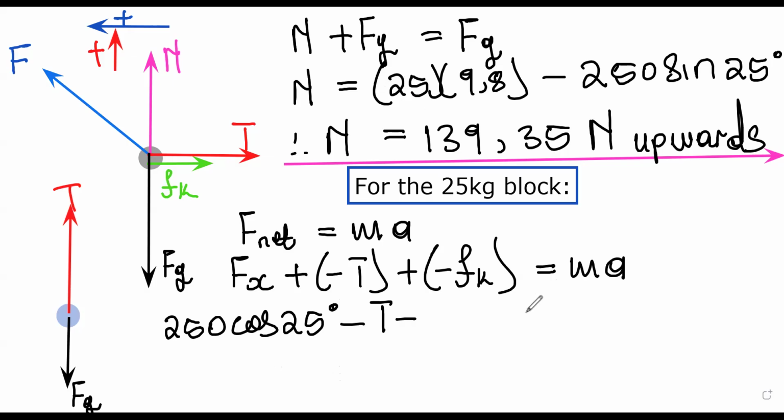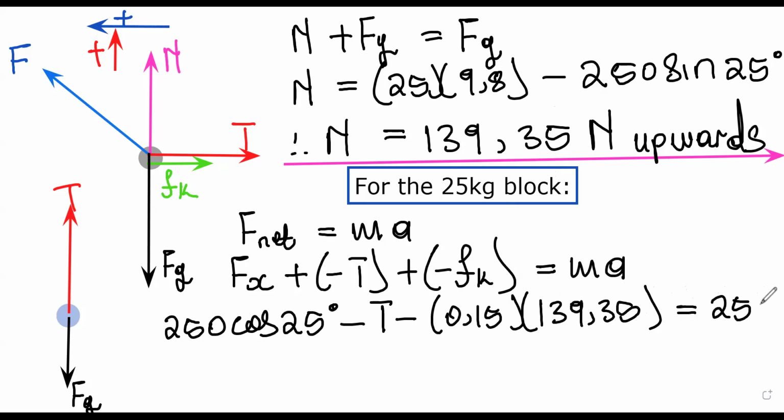All right. So we are going to take this coefficient of kinetic friction, which is 0.15, and we multiply it by the normal force. And the normal force is still the one that we calculated above. And the whole thing will be set equal to the mass, which is 25, times the acceleration of this block.